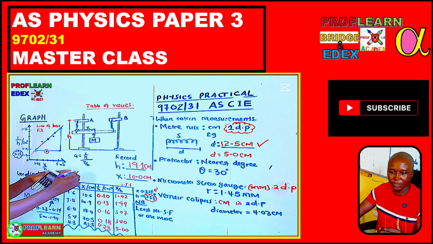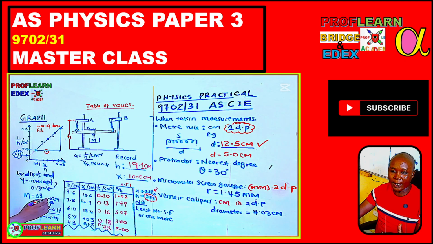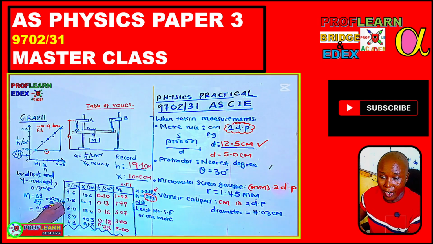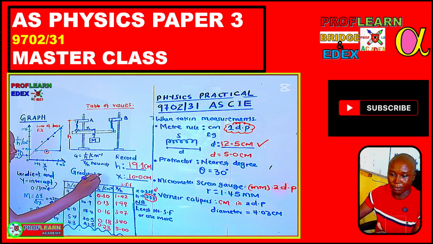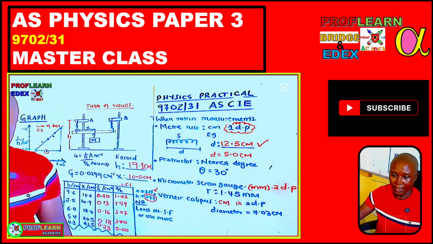The x-axis was x over h. But you see, the x-axis was not having units. The only units that we were having are the units for the y values. So that will mean the gradient will have the units of the y value. So basically that's what we are supposed to do, and the gradient is going to be written like that.